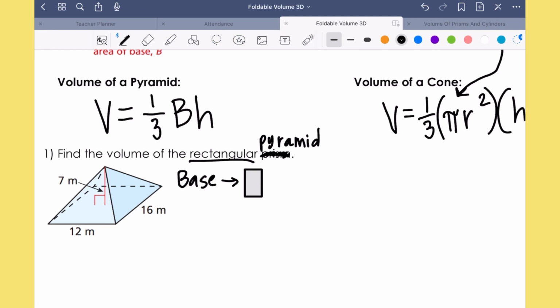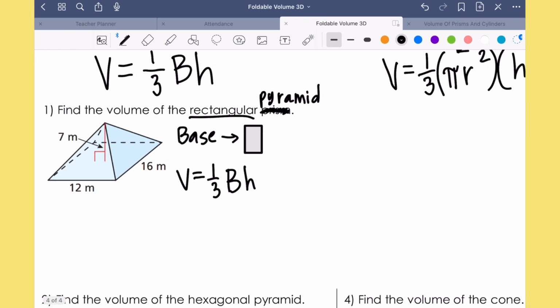Okay. So let's write the formula for this pyramid: 1/3 times the area of the base times the height. So I'm going to do the area of my base first. So the area of the base is length times width for a rectangle.